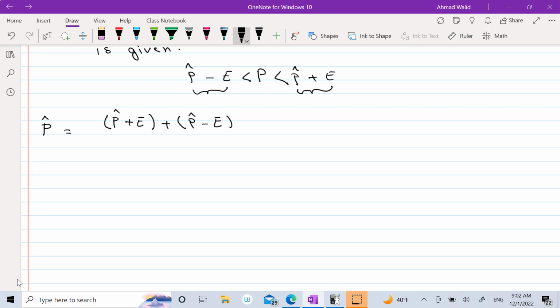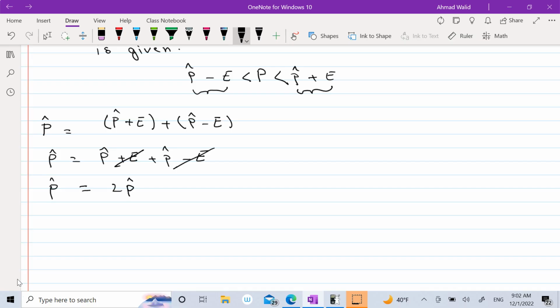If you do this math, p hat plus e plus p hat minus e, the e's cancel out, and you end up with 2p hat.